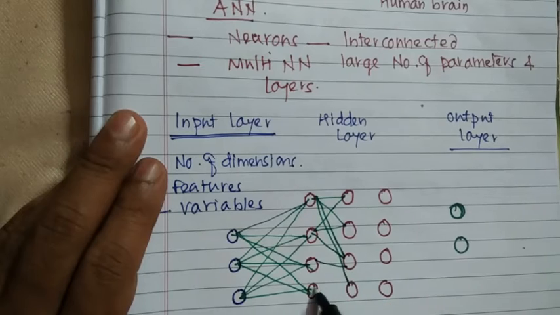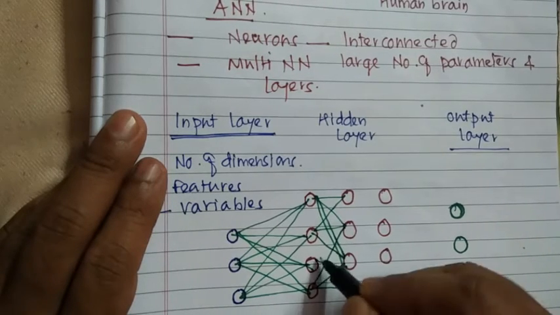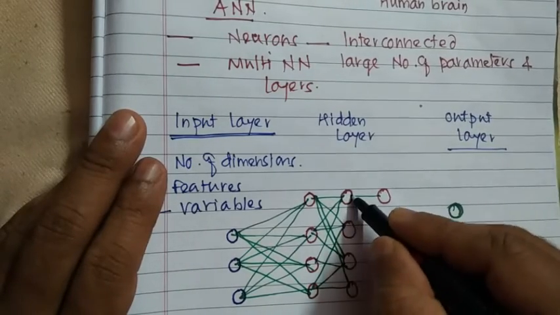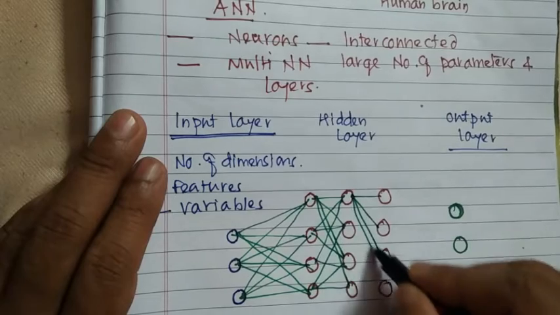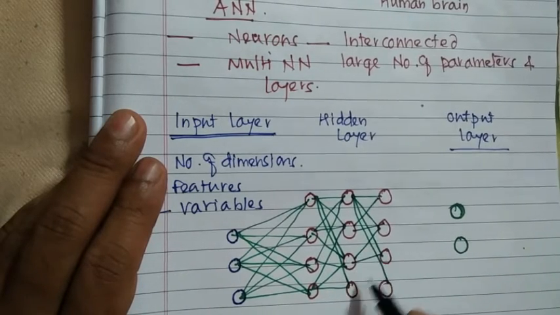And what happens inside this hidden layer is just like a black box, because we cannot explain what happens there.